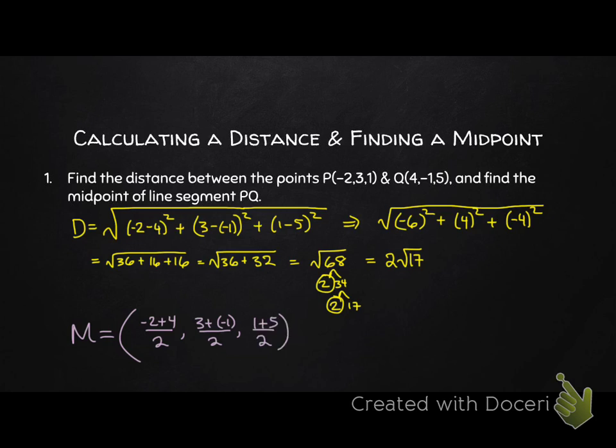Don't change it to decimals, you can just leave them as fractions if need be. So that's 2 over 2, comma, 3 minus 1 is also 2 over 2, and 1 plus 5 is 6 over 2. Oh, we got lucky. So we get (1, 1, 3) for our midpoint.